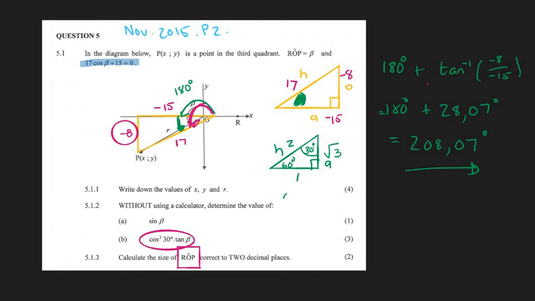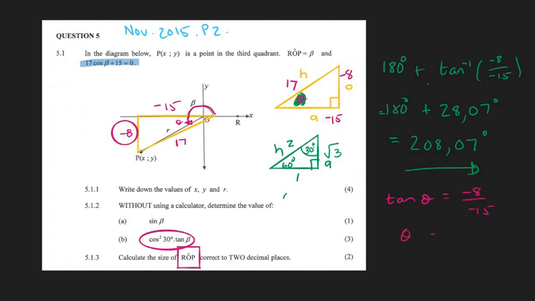So if I can re-explain it quickly, they want us to determine the whole of beta, which is that little part there, which means I take 180 and I have to add this angle. How can I calculate that? I know that tan, let's call this theta, tan theta is going to be -8 over -15.